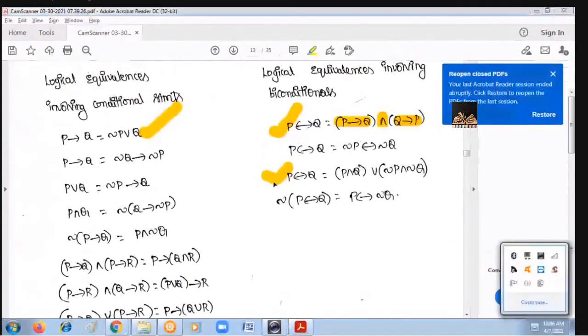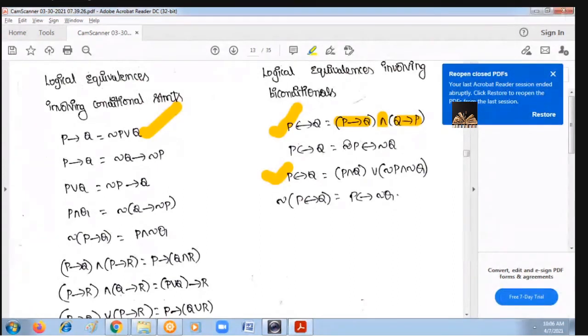Similarly, P double tends to Q is also equal to negation P double tends to negation Q. And the next one is, this can be written as or logically equivalent to P and Q or negation P and negation Q. The last one is negation: just apply a negation on the second formula.